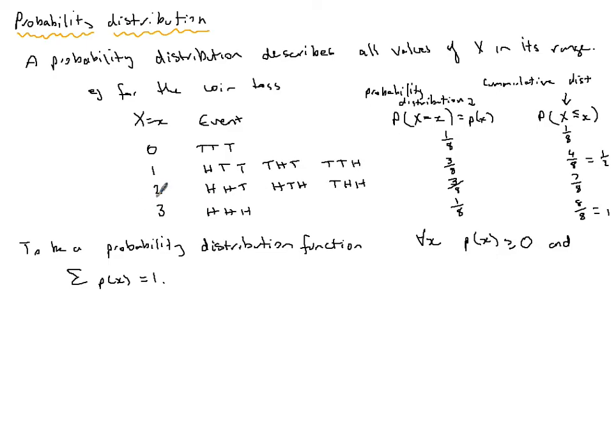Or we could have had, for our 2 head cases, here they are here, that is 3 different ways that can occur. And if we count the 2 case, the 1 case, and the 0 case, e.g. P(X ≤ 2), that covers 7 out of our 8 events. 7 out of 8 events here gives us a probability of 7 out of 8.